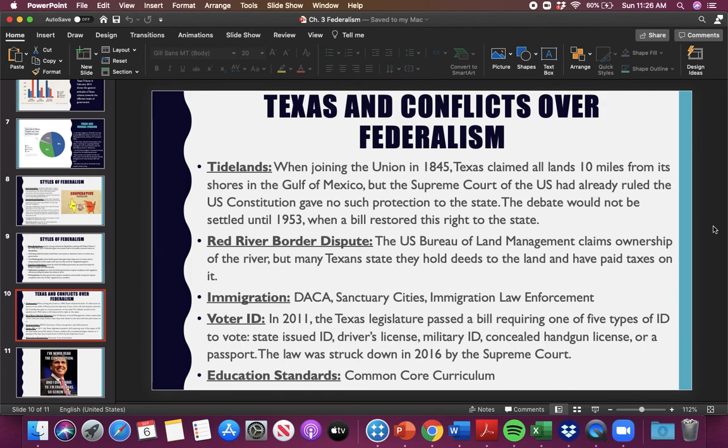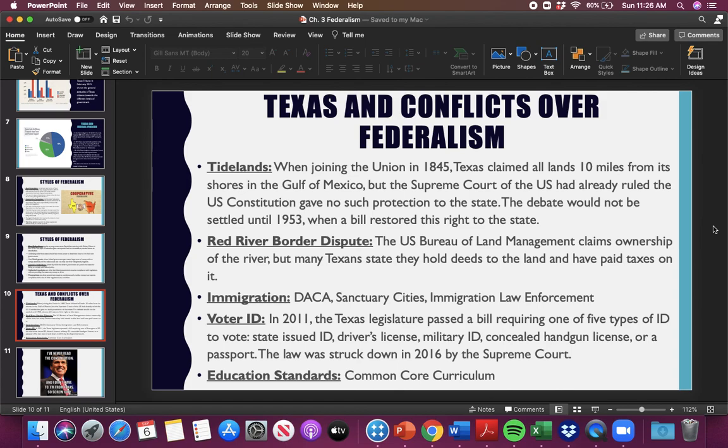The reason being is because to get any form of those IDs, you have to pay money, which they believed constituted a modern-day poll tax, because there are people out there who live on a fixed income for whom it is very tough to pay for something out of their budget. And so now you can vote with your voter registration card, which is free when you register to vote, and you can sign an affidavit swearing you are who you say you are if you do not have a picture ID.